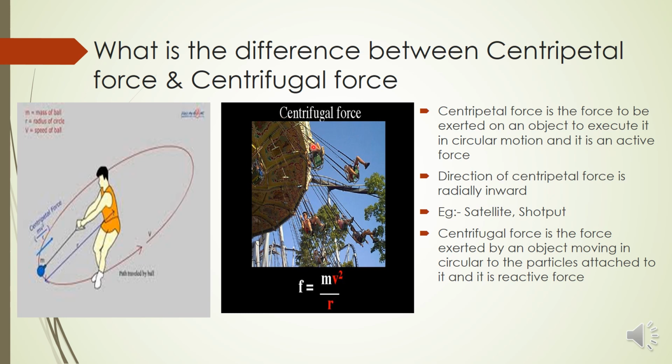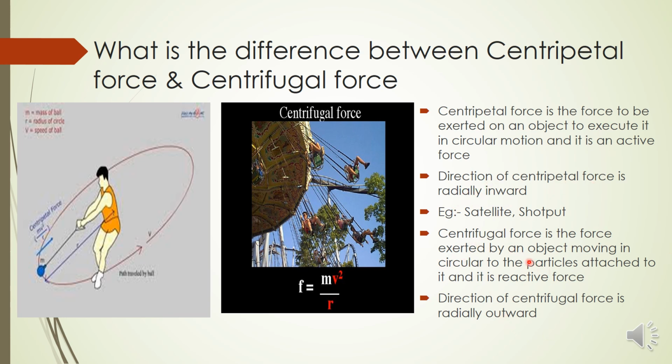You can see here some strings are attached to the giant wheel. They will experience a radially outward force, and its direction is the reverse. The direction of centrifugal force is radially outward. So we have to understand the difference. Centripetal force is an active force, a force we have to apply to an object to obtain circular motion, and its direction is radially inward.